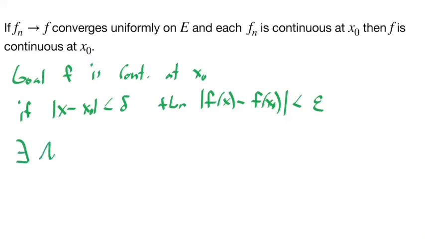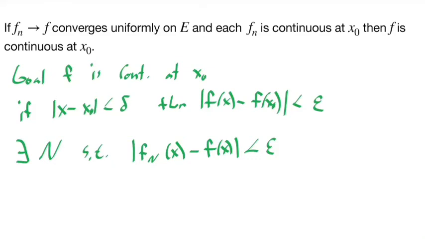So I know that I can find some sort of n value such that these f's and my fn's are always close to each other. So I can find an n value such that |f_N(x) − f(x)| is really small, so less than some epsilon.